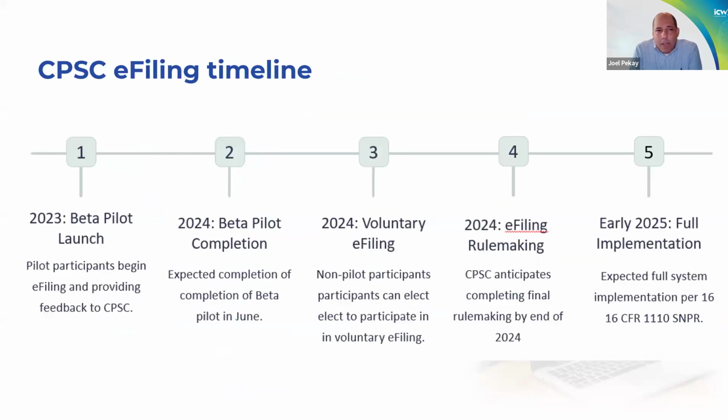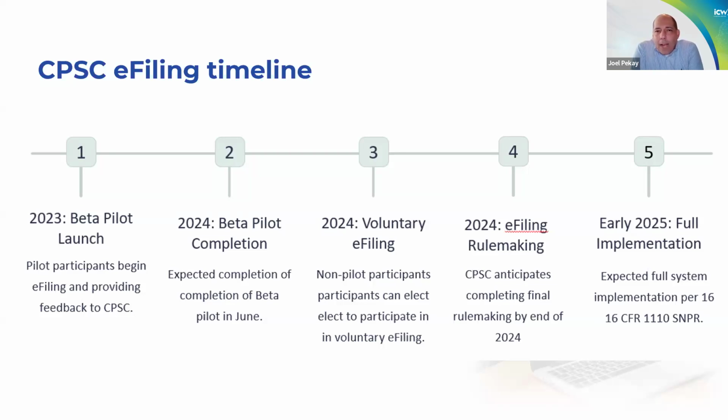Now, the timeline. There was a beta pilot launch, if you will, in 2023, and it's continued into 2024. Expected completion was in June, and from there, we move now to voluntary e-filings.